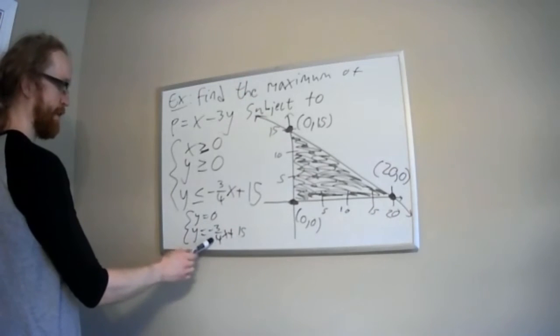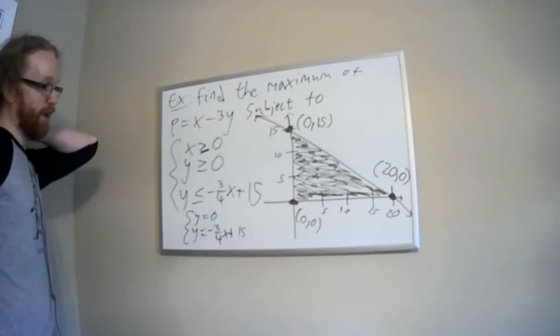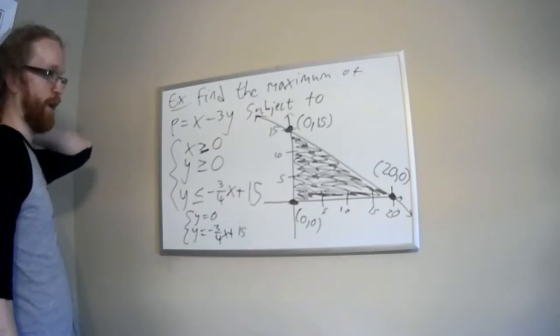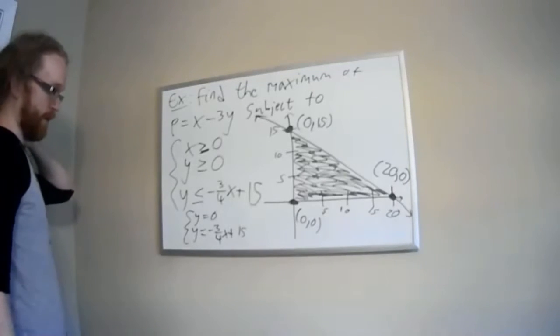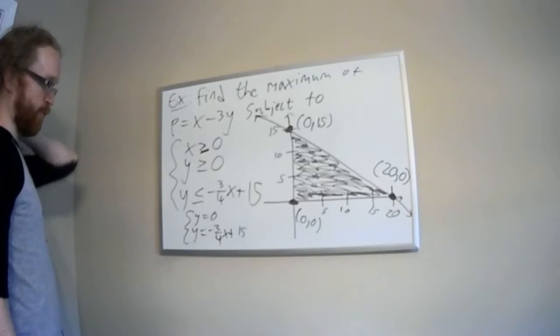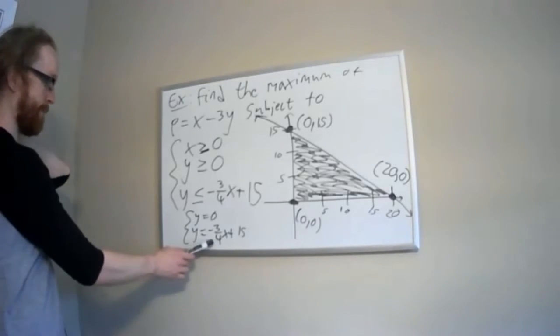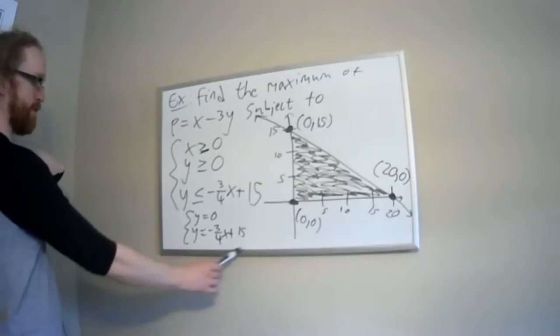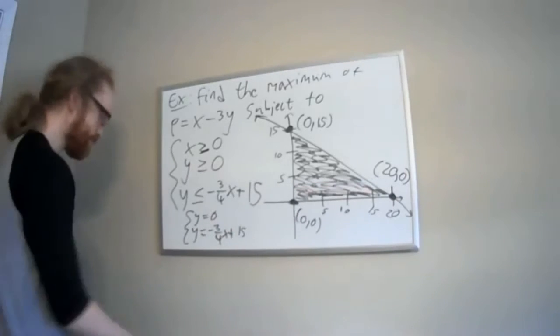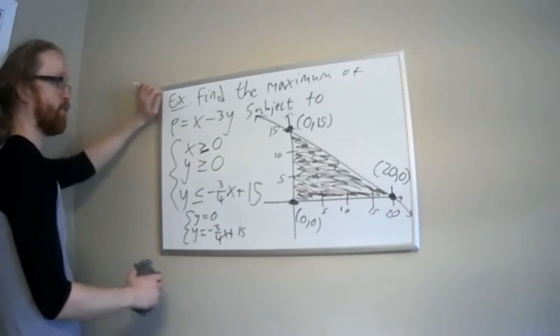You'll get 0 equals -3/4 x plus 15. Solve that for x, and you should get 20. -3/4 of 20 is 15, and so you will get 0 here. So I promise if you solve this system out, you will get 20, 0. So I'll leave it at that for what the corner points are.